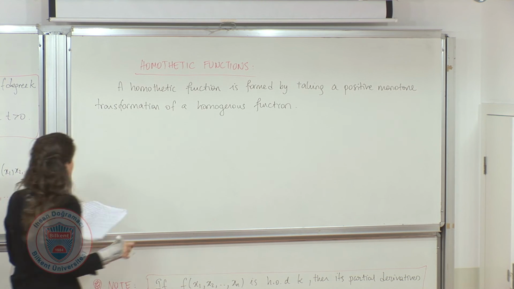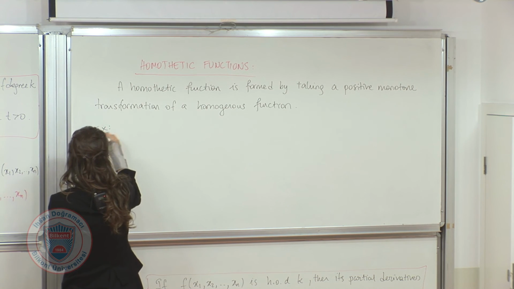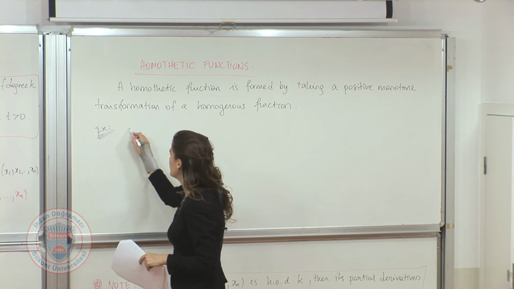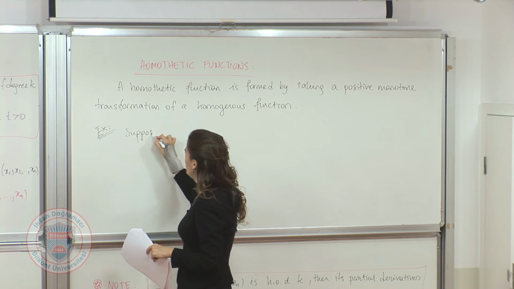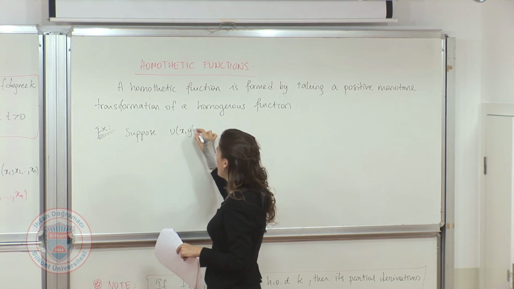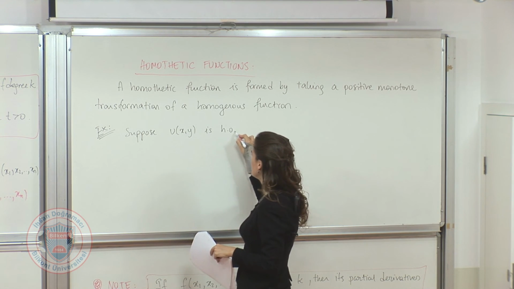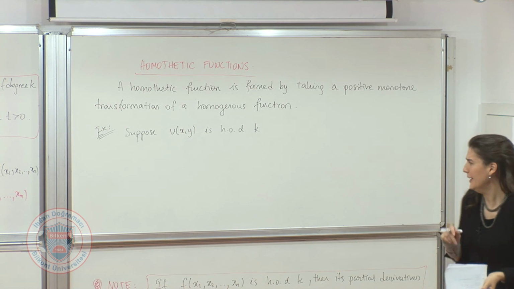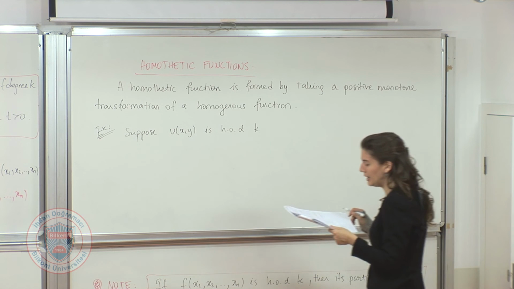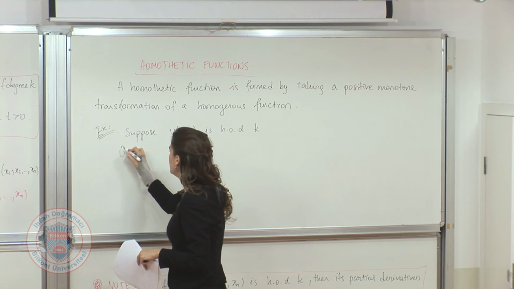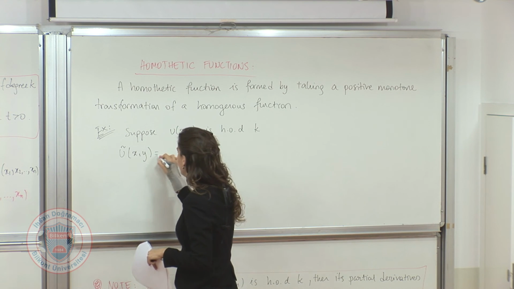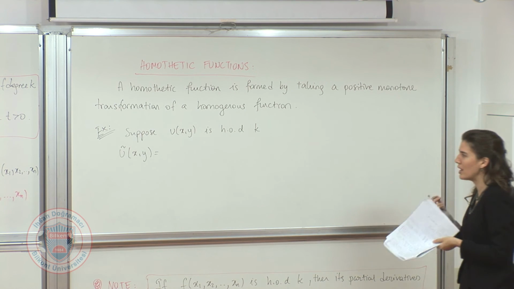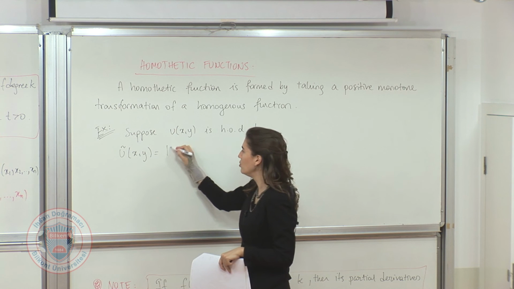So basically, what does this mean? So for example, let's say that u(x,y) is homogeneous of degree k. Okay, so this is homogeneous of degree k. U tilde (x,y) is when you take a positive monotone transformation of this u guy, okay?